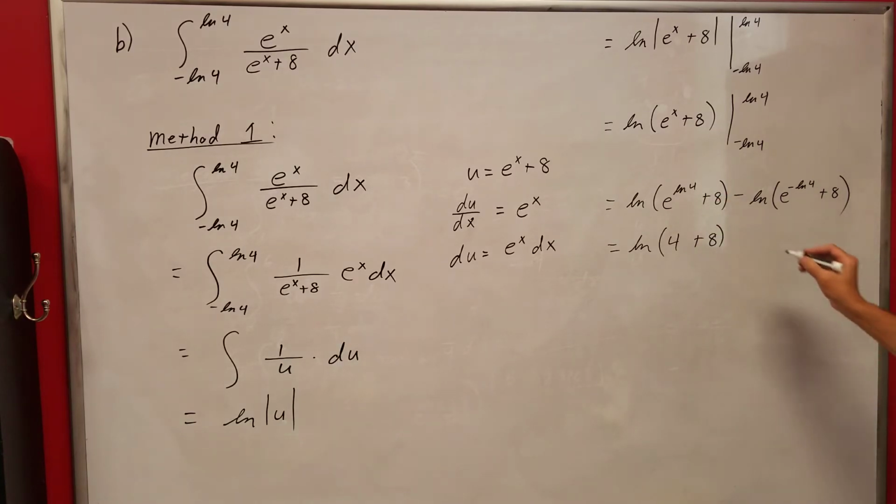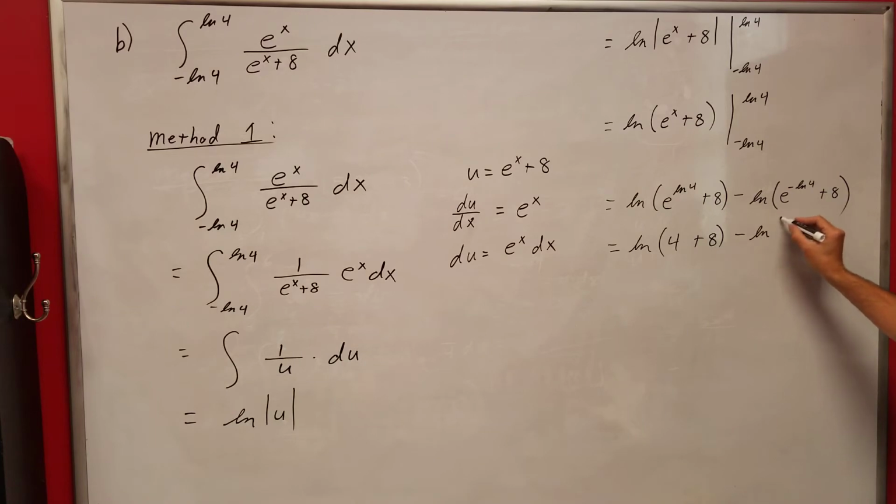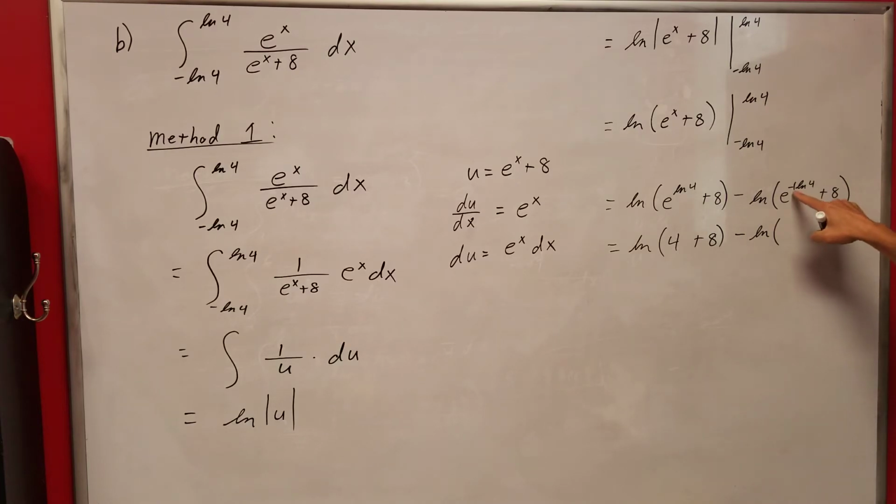Remember, this base is the same as that base up there. Drop all that. Now over here, I'm going to do a rewrite. That's like a negative 1 multiplied in front, right? Remember that property of logarithm says I can bring the negative 1 to the exponent of my argument? So I can write that as e to the natural log of 4 to the negative 1 here, plus 8.